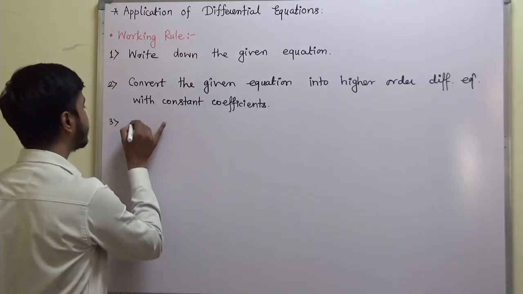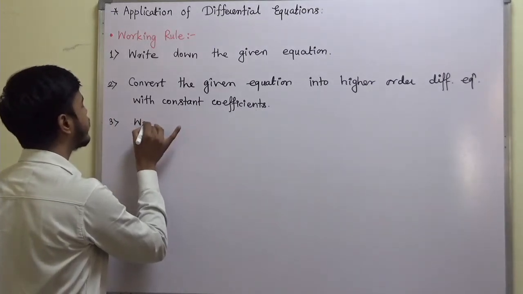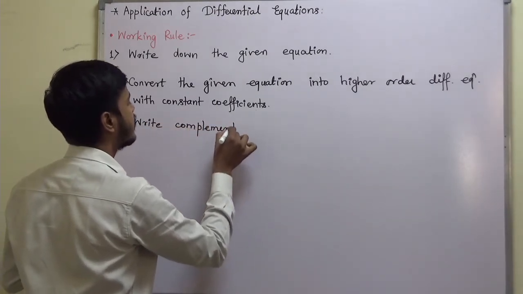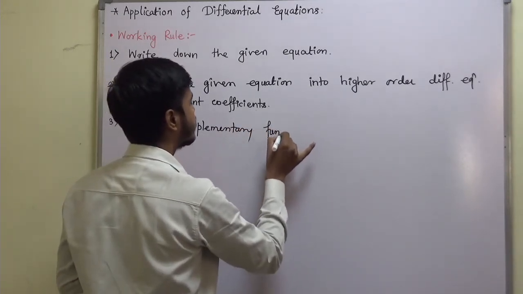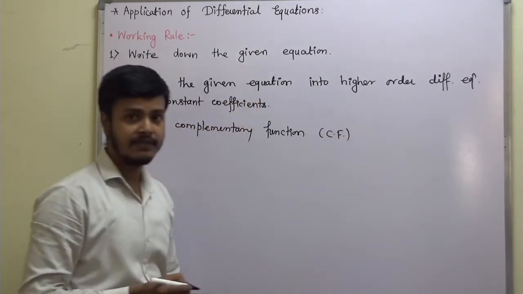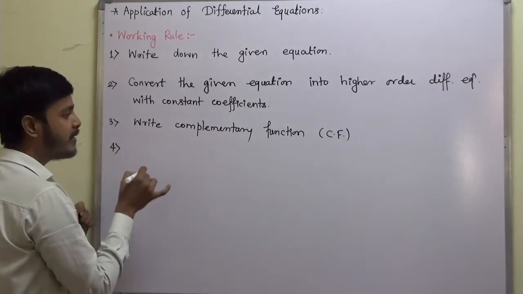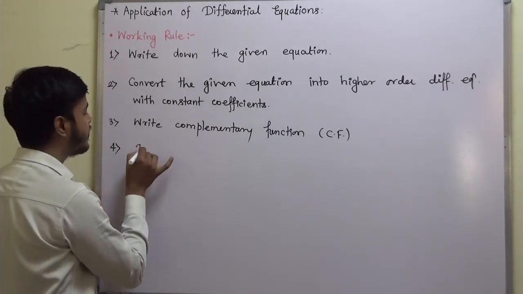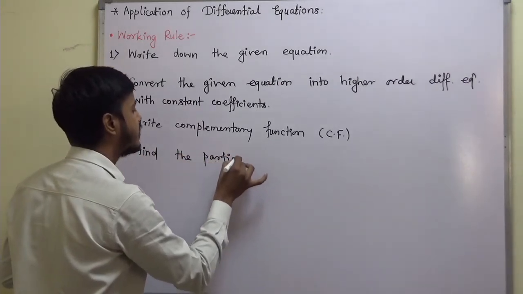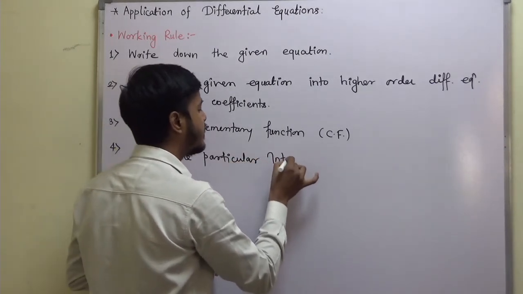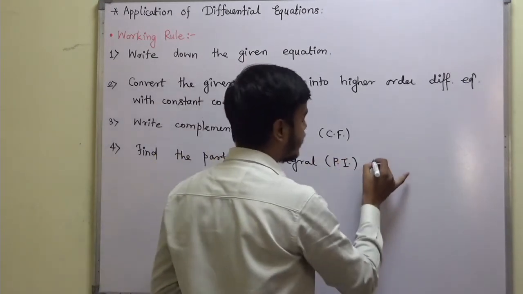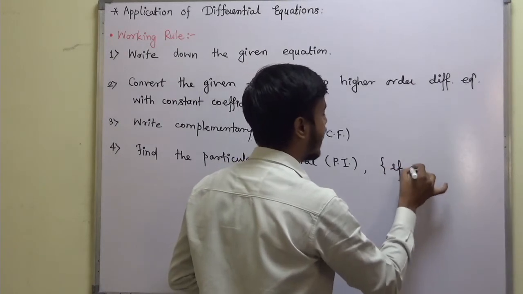So the third step is to write the complementary function, which we denote by CF. After finding the complementary function, the fourth step is to find the particular integral, which we denote by PI, if applicable.